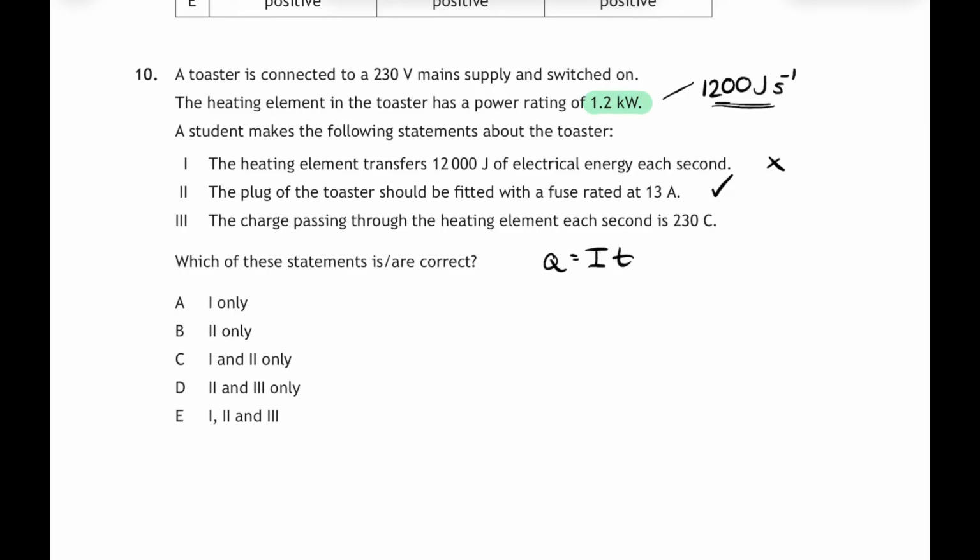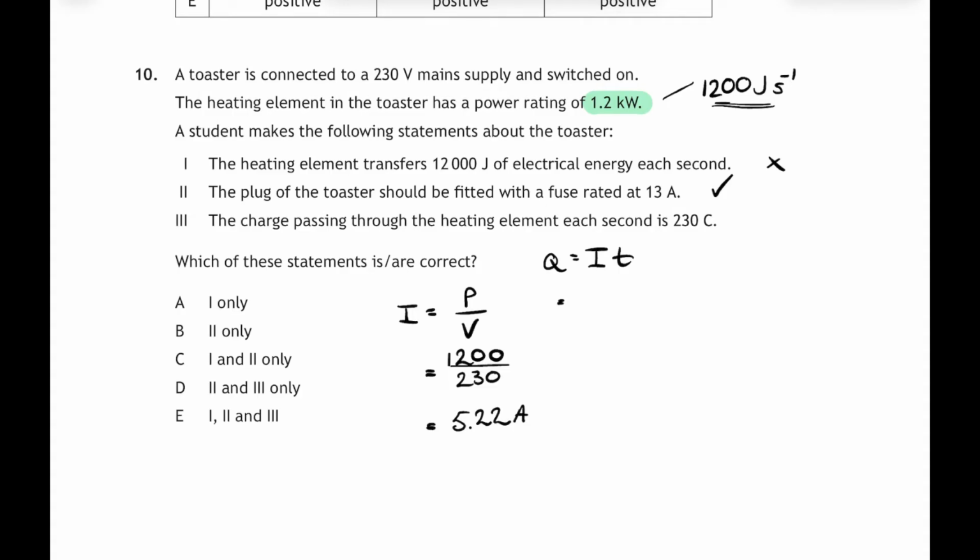So let's use Q equals IT to work out the charge, but we don't know what I is. But we can work out I using one of the power equations. I equals P over V. We know what the power is, it's 1200 watts, divided by the voltage 230 volts, and that gives us a current of 5.22 amps.